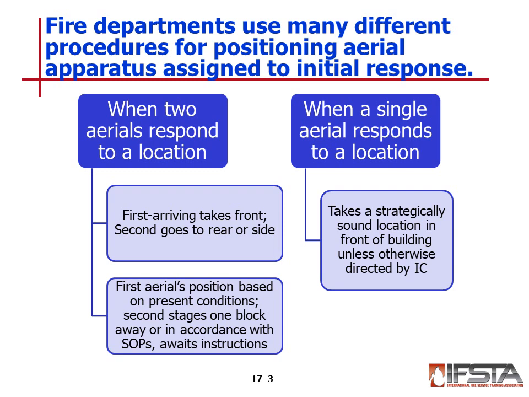When 2 aerials respond to a given location, the first aerial positions based on present conditions, and the second aerial apparatus stages 1 block away, or in accordance with departmental SOP, and waits for instructions. When a single aerial apparatus responds to a given location, the apparatus takes a strategically sound location in front of the fire building unless otherwise directed by the incident commander.